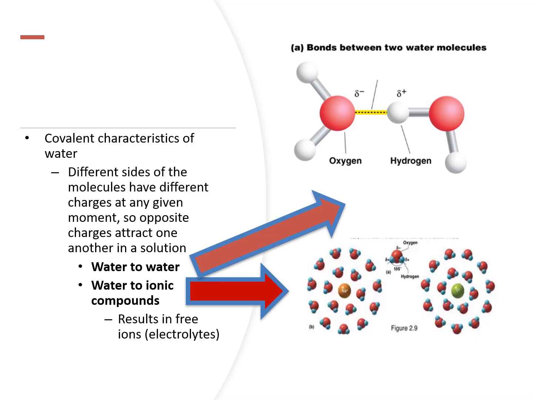Well, that's a good thing for us because remember, we need sodium, we need chlorine, but we don't need sodium chloride. And so if salt is brought into our body and it becomes a part of one of the solution components in our body, water is going to work to break it apart so that we're able to get both the ions that we need to perform in other chemical processes.